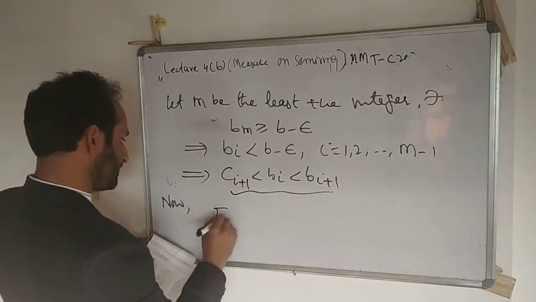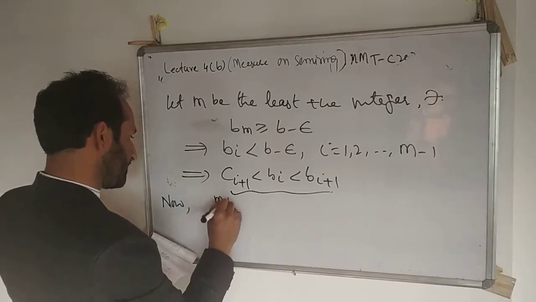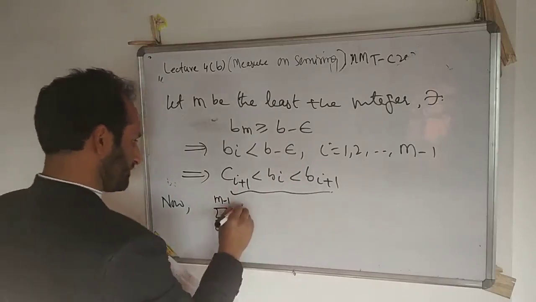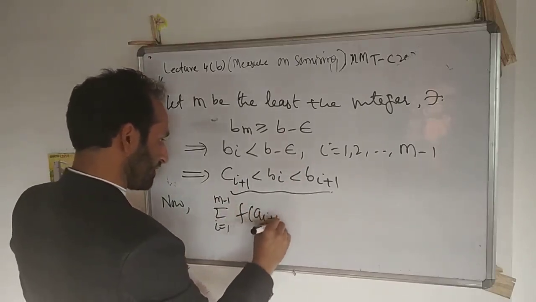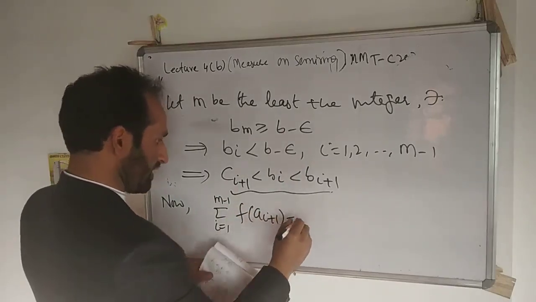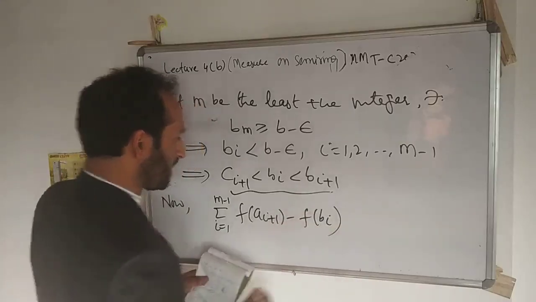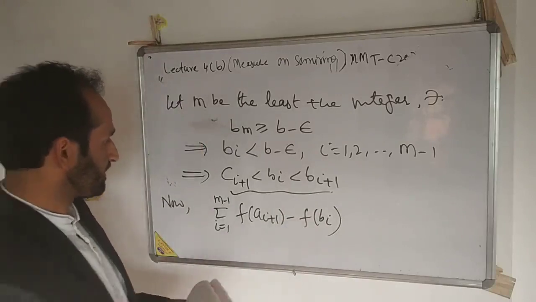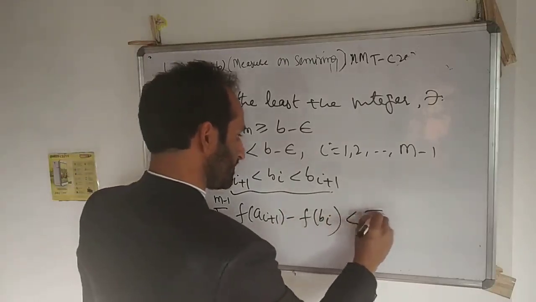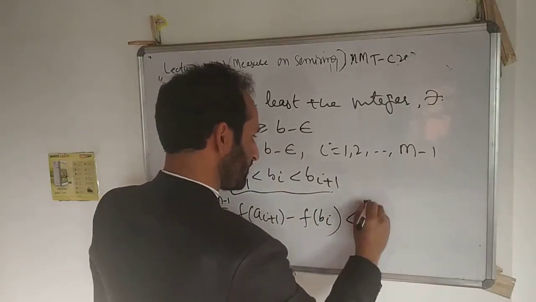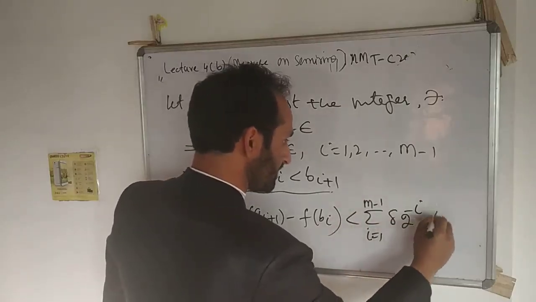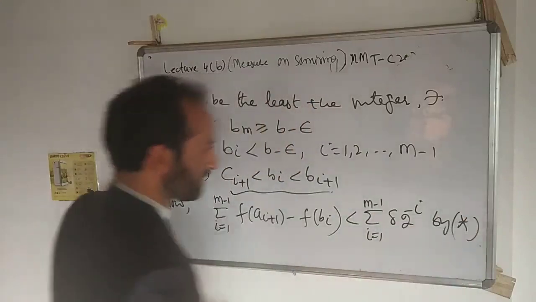This summation i runs from 1 to m minus 1, because up to m minus 1 this is true. f of a(i+1) minus f of b(i), and each difference is less than the summation, i runs from 1 to m minus 1, of delta times 2 power minus i by star, right?